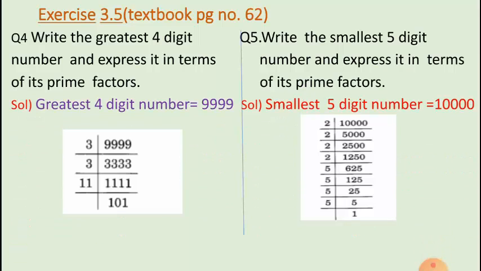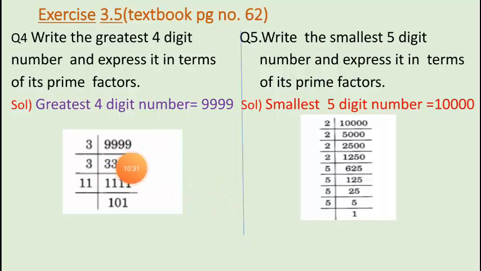Okay, so while doing so, first of all we must know that the greatest 4-digit number is 9999, and here we have used this repeated division method to find its prime factors.